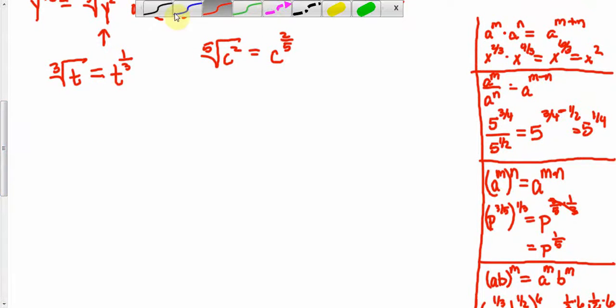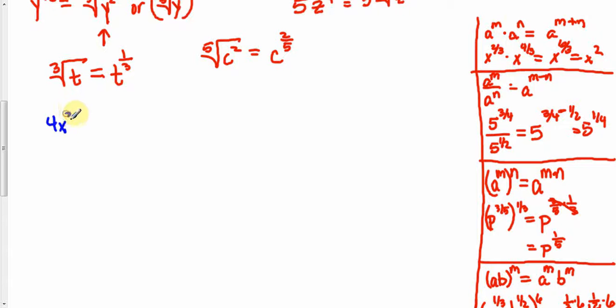If you had 4x squared all to the 0 power, it doesn't matter what's inside here. If it's all raised to the 0 power, your answer is 1. Now this one's different. What if I had 6y to the 0?